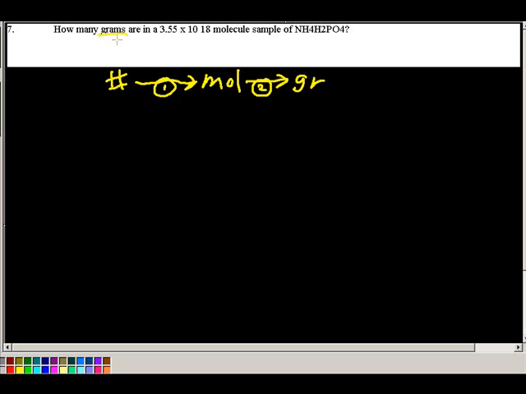Now again, because I see that we're working with grams at some point, I need to solve for the molar mass of this. So let's do that right now. So the material is NH4H2PO4. We want to know the mass of that.